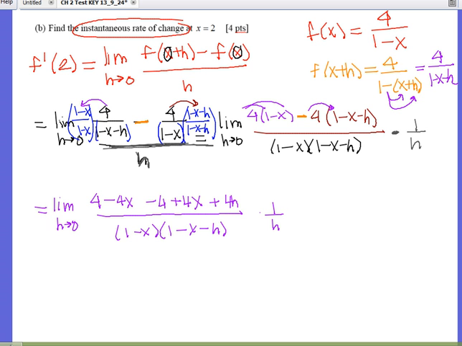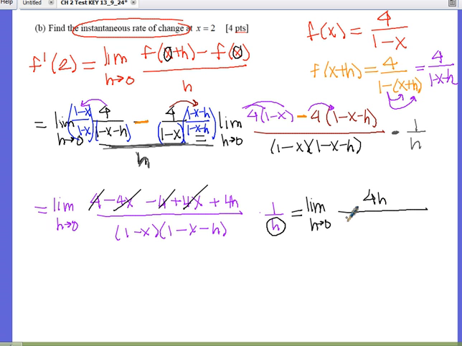So you'll notice that the 4 minus 4 will cancel, the negative 4x and the positive 4x will cancel. And remember, I did mention all the terms without an h have to cancel, because we have to be able to divide by this h and simplify it out.